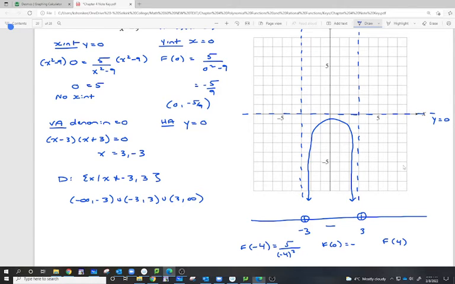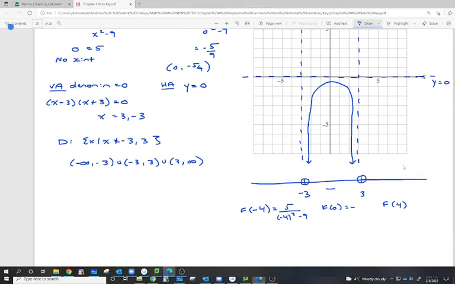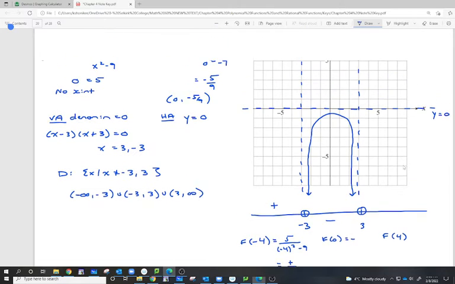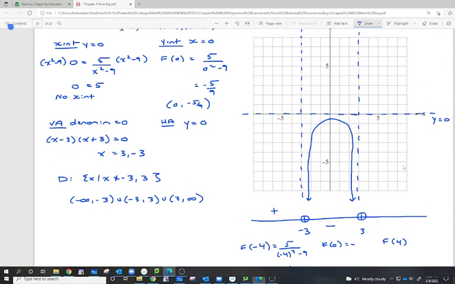Okay, I'm going to plug it into non-factored. So it's 5 over negative 4 squared minus 9. Now when I plug that in, all I care about is the fact that the numerator is positive. 16 minus 9 is positive, so I know that my graph will be positive. It will be above the x-axis from negative 3 down to negative infinity.